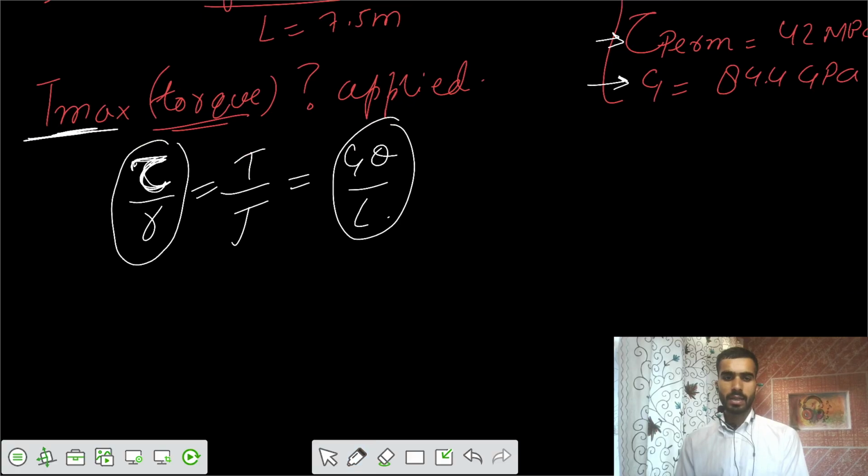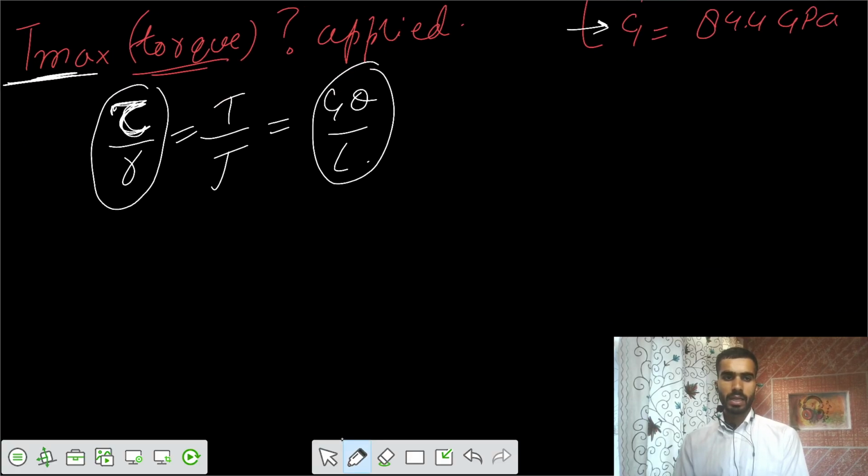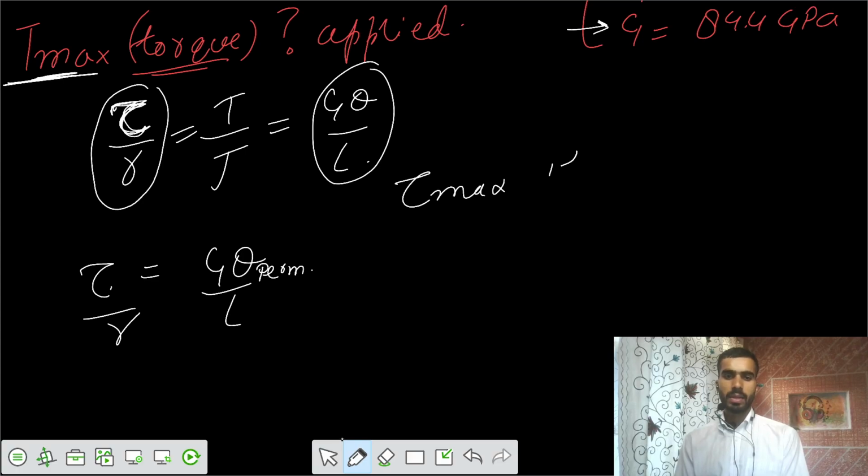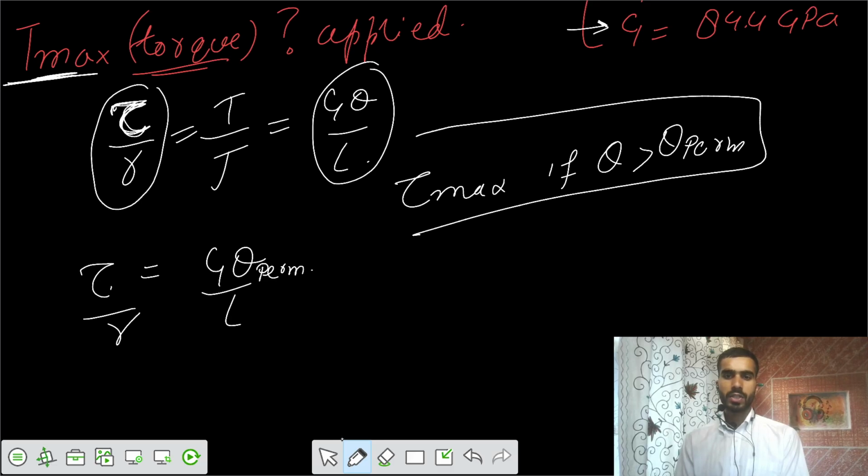Let's set tau by r equals G theta by L, and write what the value of tau should be at the permissible theta, because you can't go for tau max if theta is more than theta permissible. You have to see at which shear stress your theta would reach theta permissible.